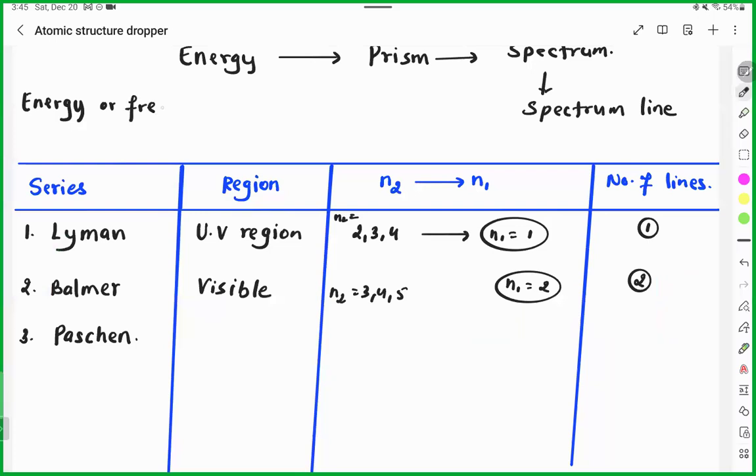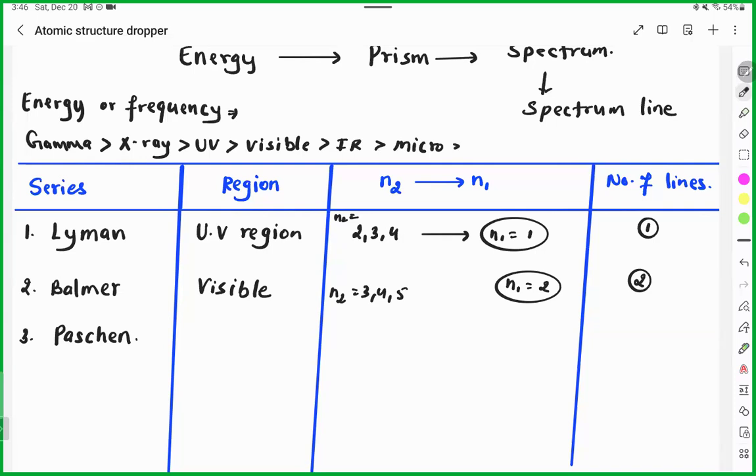Yes, sir. So if I take energy or frequency in the electromagnetic spectrum, you know the maximum is gamma, next X-ray, next UV, next visible, next infrared, next microwave, and last radio wave.